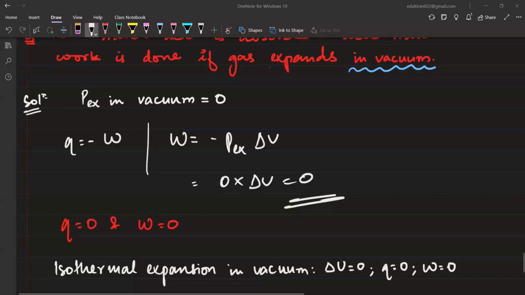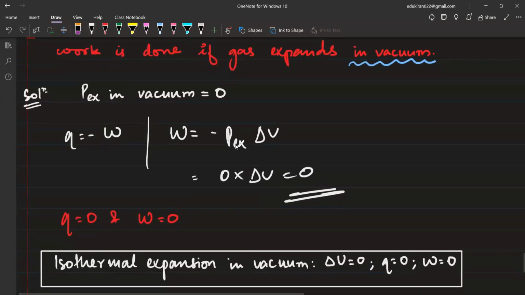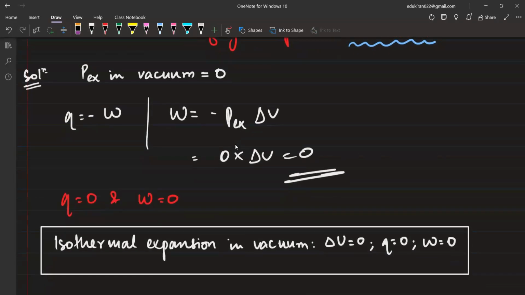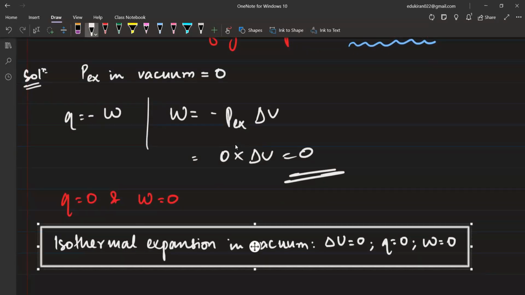Now this result is very important. See this result: whenever they say isothermal expansion in vacuum, work done will be equal to 0.